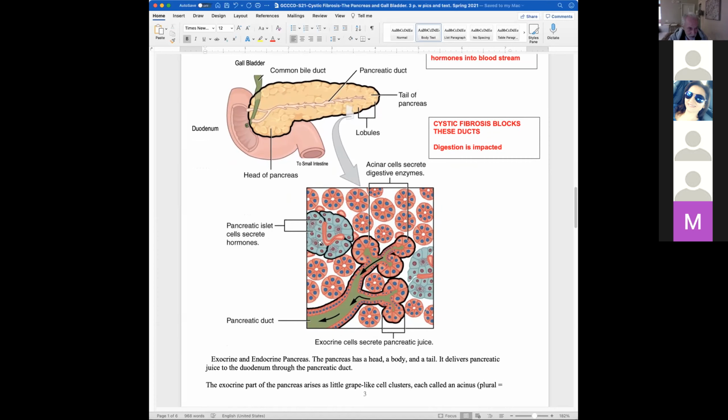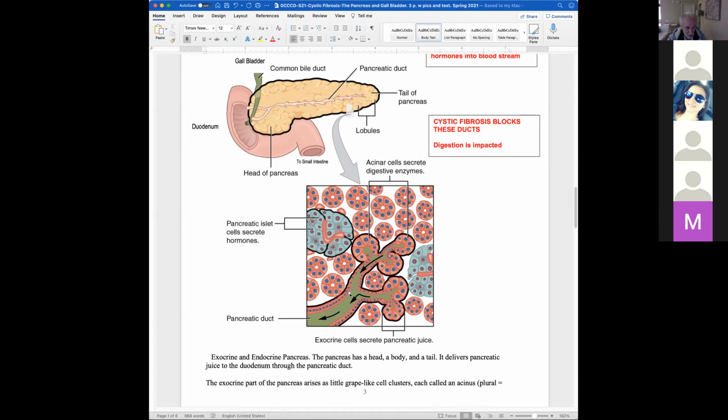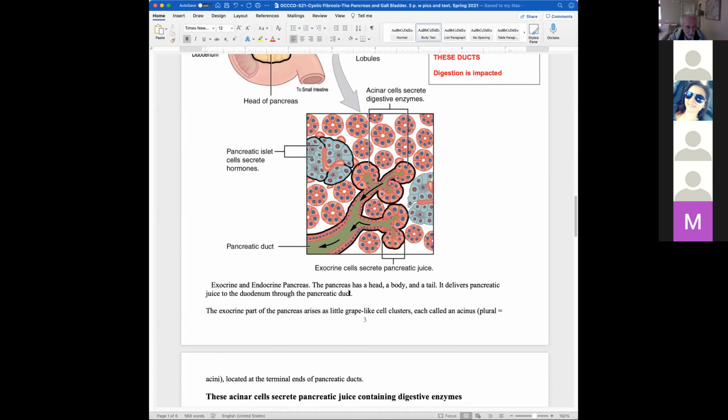So the hormones are secreted directly into the bloodstream. The enzymes are secreted into the pancreatic duct. So this is what you need to remember. These 2 kinds of cells, one secretes digestive enzymes, the other secretes hormones that regulate digestion.